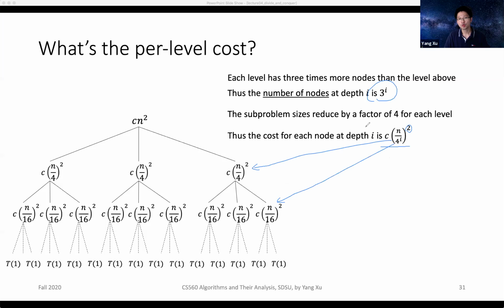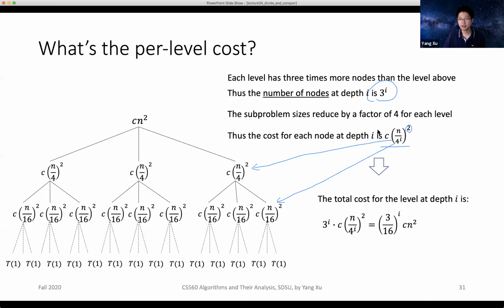Then we simply multiply these two quantities together. The total cost for depth i is 3 to the power of i times c times n over 4 to the power of i squared. The product of these two quantities is the total cost for level i, which simplifies to 3 over 16 to the power of i times c times n squared.